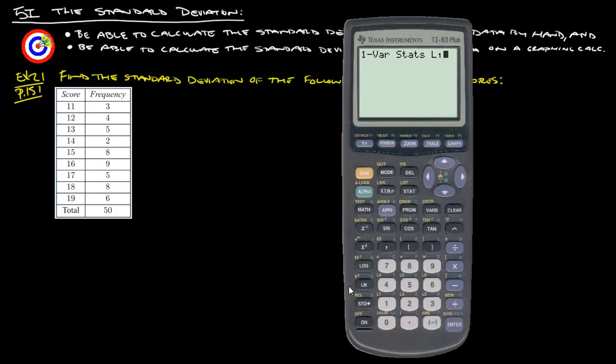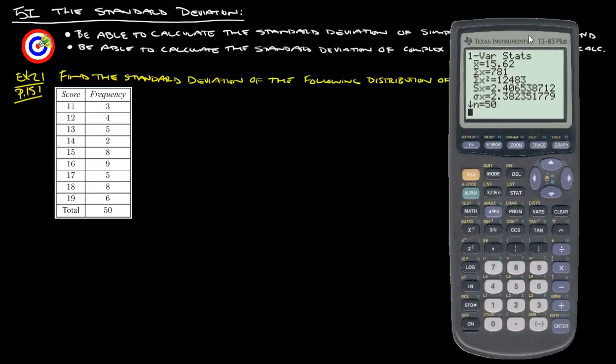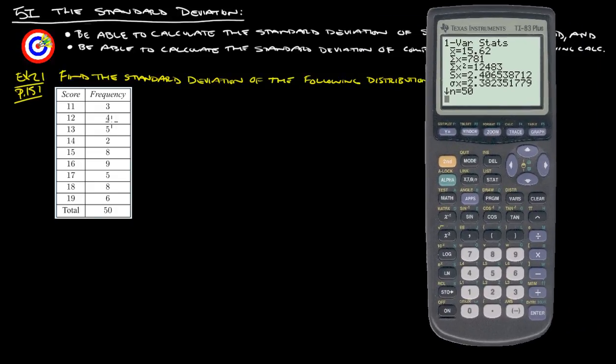If whatever your first list is, the one that has the scores in it, that's what you're going to put here. So if yours is list 4 and list 5, you'd put L4 and L5. But ours, we're going to do list 1. And you put a comma, and then you use second, and then list 2, see the little L2 right there? And now we're going to calculate.